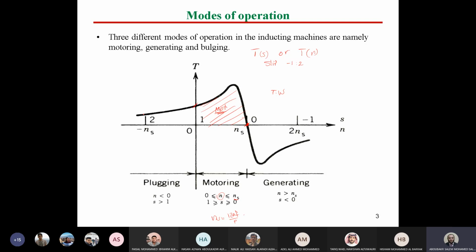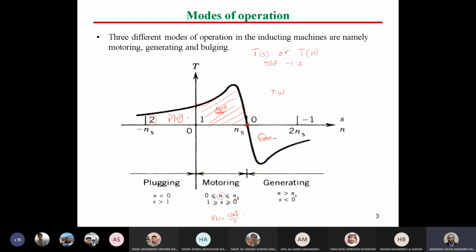So the motor torque will be positive, however, speed will be negative from 0 to minus ns. So this will correspond to a value of 2 per unit slip. So now we have 3 different modes: motoring mode, generating mode, and plugging mode.